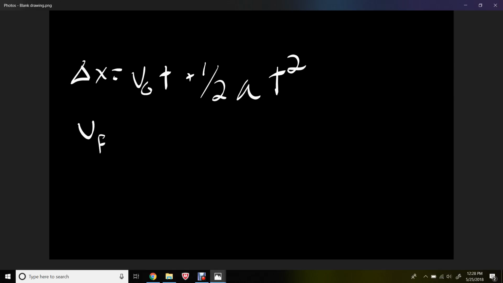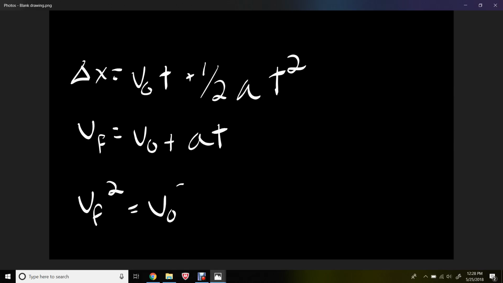There is the final velocity equals the initial velocity plus the acceleration times the time, and there's the final velocity squared equals the initial velocity squared plus 2 times the acceleration times the change in x. These are the three major formulas that you'll be using throughout the problems.